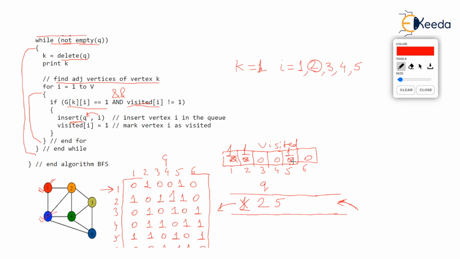All right, so where were we? I was 5. Now let's go back to the for and make I as 6. We are now checking first row, sixth column, kth row ith column, and as you see, the first row sixth column is 0. So the condition of adjacency fails. Now after reaching I equal to 6, most importantly the for loop ends.